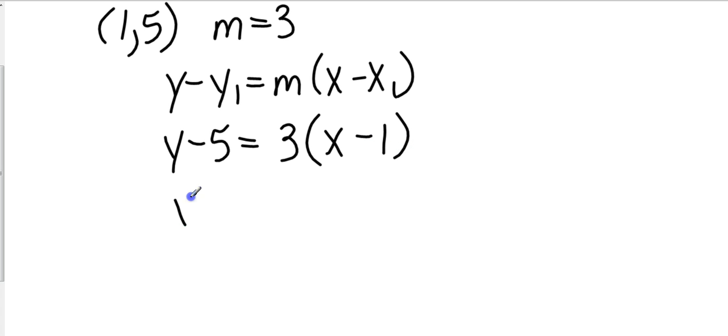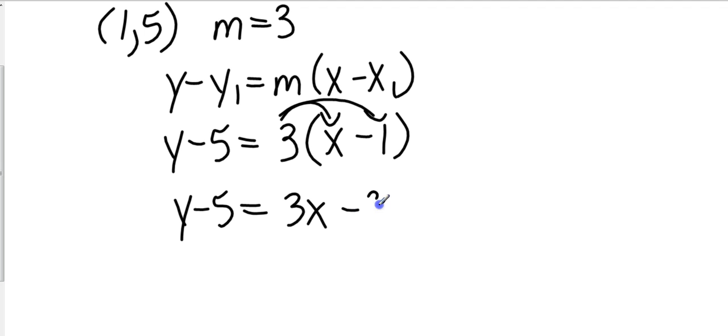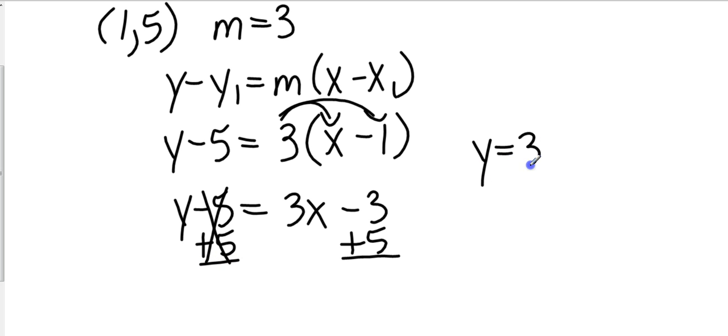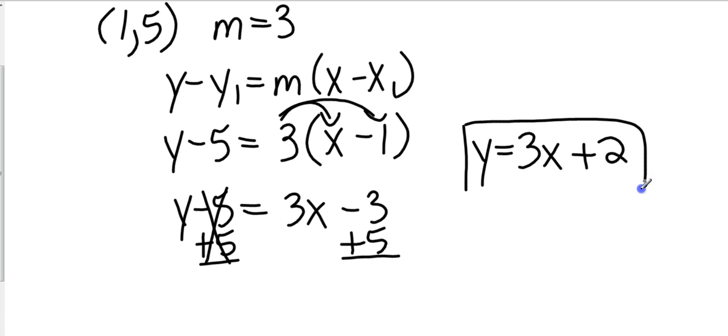Do my distributive property. 3 times x is 3x. 3 times negative 1 is negative 3. And I'm going to add 5 to both sides, giving me a final answer of y equals 3x plus 2.